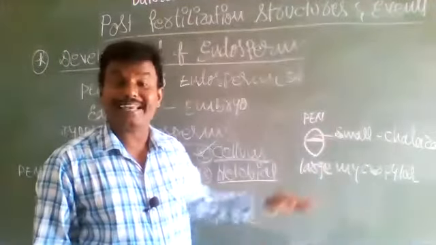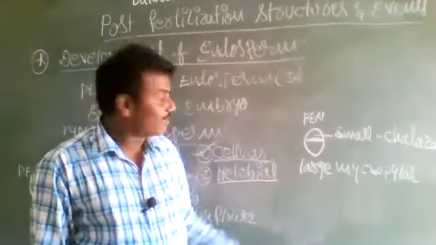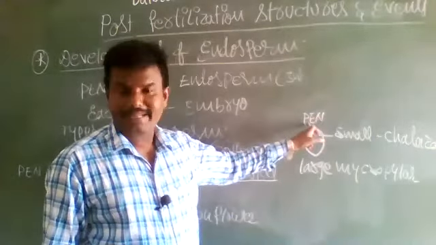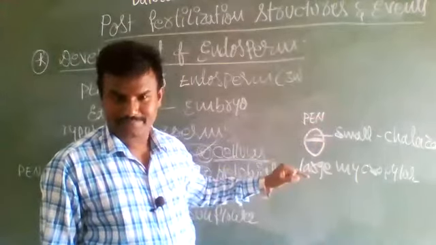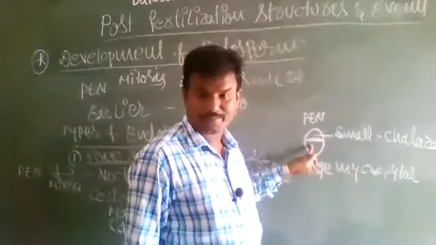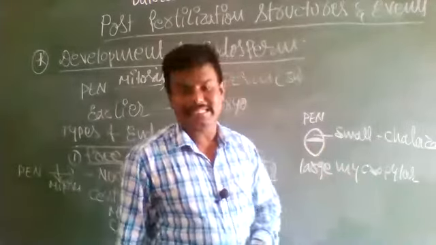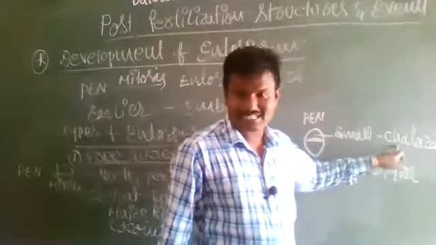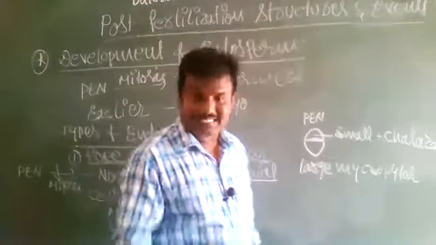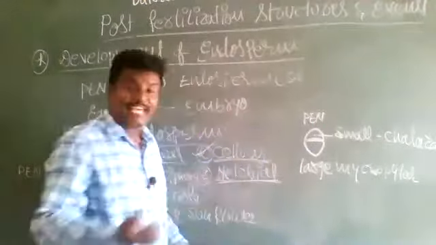That means what? Two unequal divisions. Unequal division of the primary endosperm nucleus gives a large micropylar chamber towards the micropylar region and a small chalazal chamber towards the chalaza in the embryo sac. That is called helobial. Helobial means unequal division of primary endosperm nucleus.